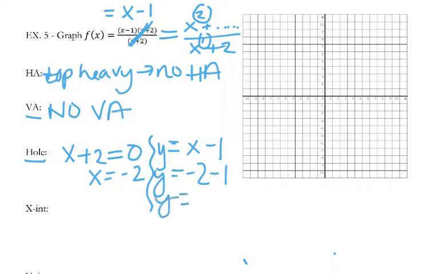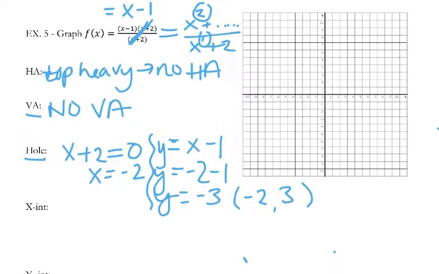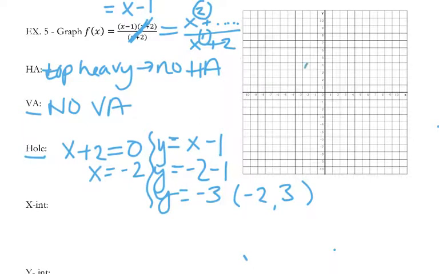So our y value is negative 3. So my hole is at negative 2, 3. So let's plot that hole. Negative 2, 3. Okay, that's better.